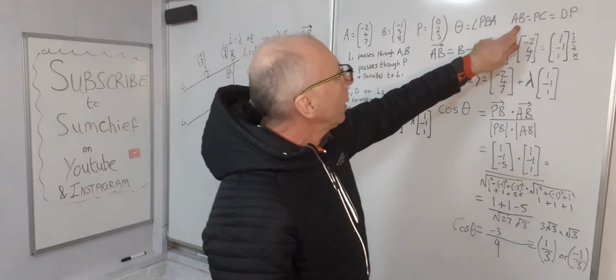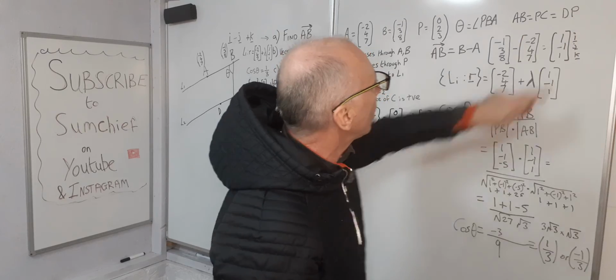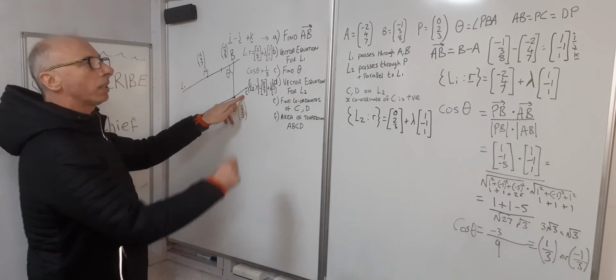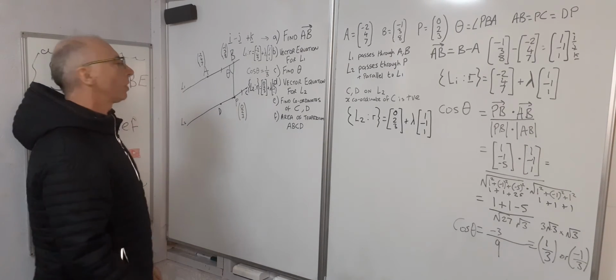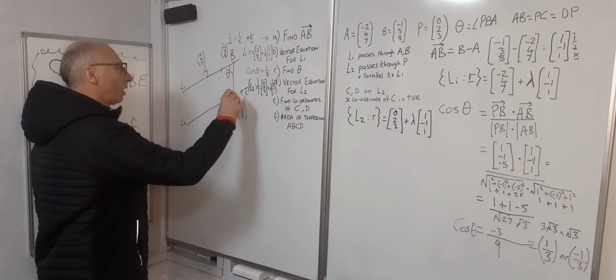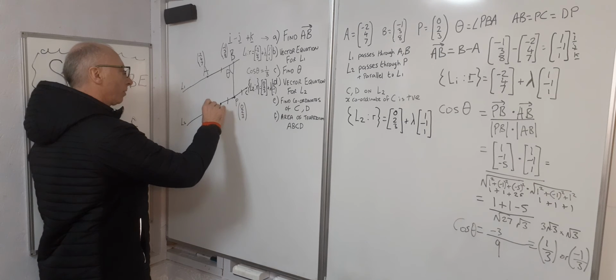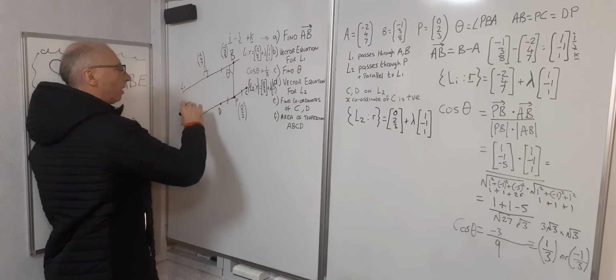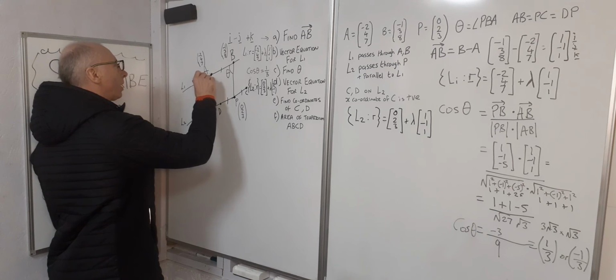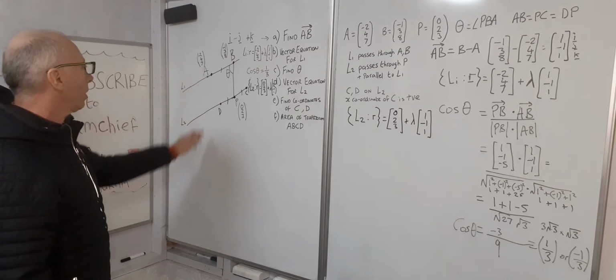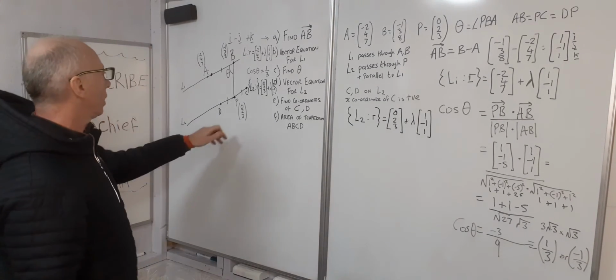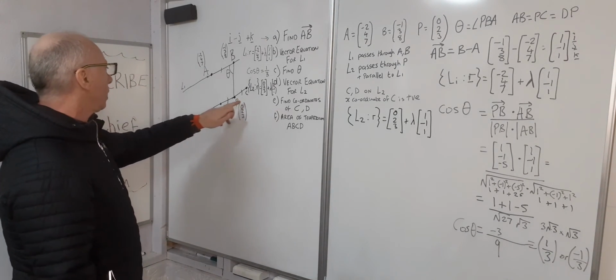Well, AB equals PC equals DP. So these lines are all the same length. That's something we know.